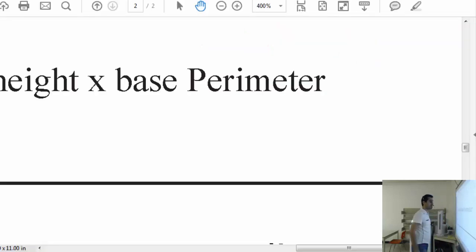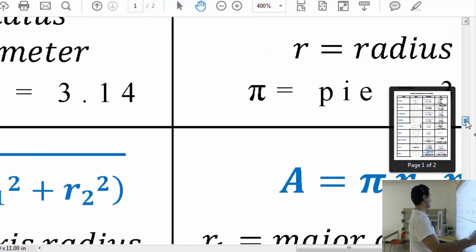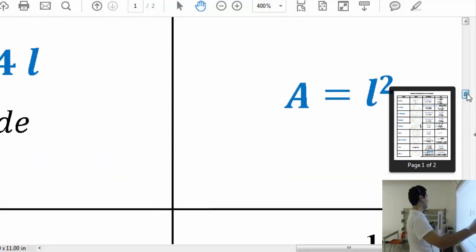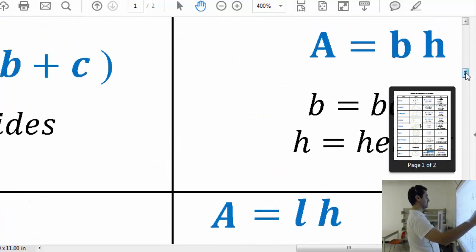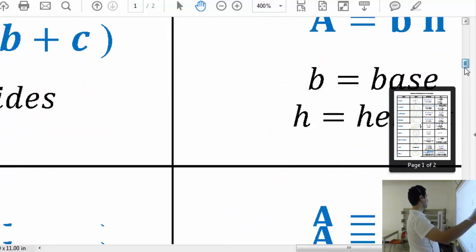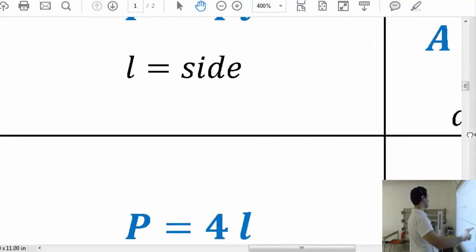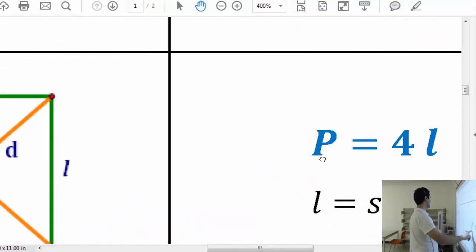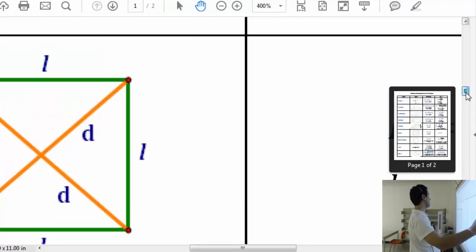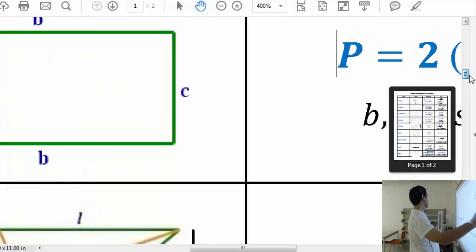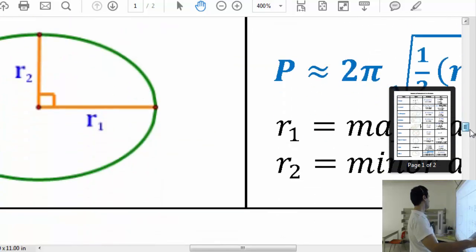So the formula handout is here. Let's go to the next page. No, it's down here somewhere.